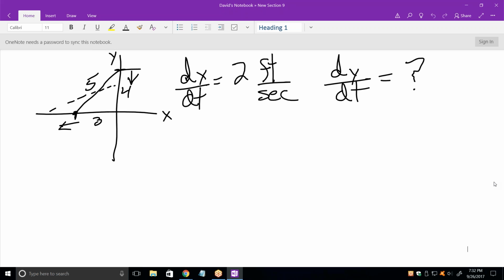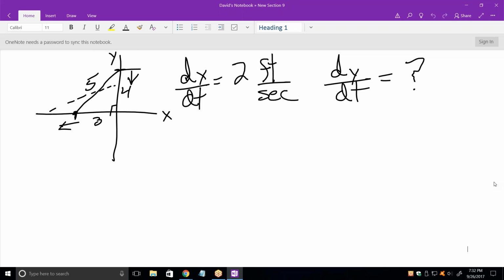Okay? So the way we start is give me an equation that describes this situation. That is a right triangle, right? What do we know about right triangles? Pythagorean Theorem. Yeah. So what does that have to do with the rest of the problem, though?